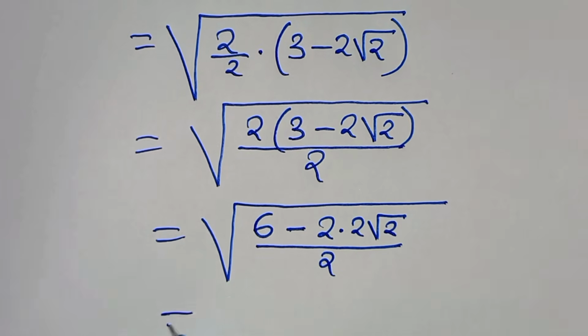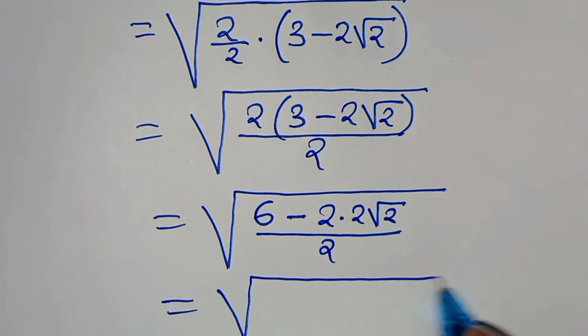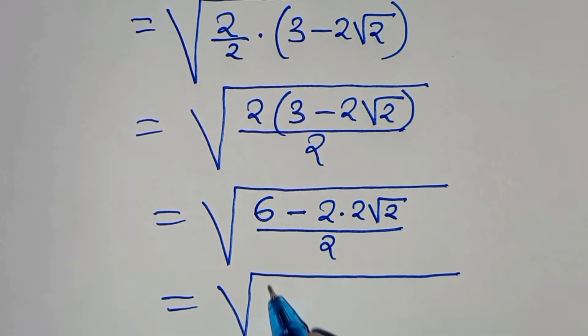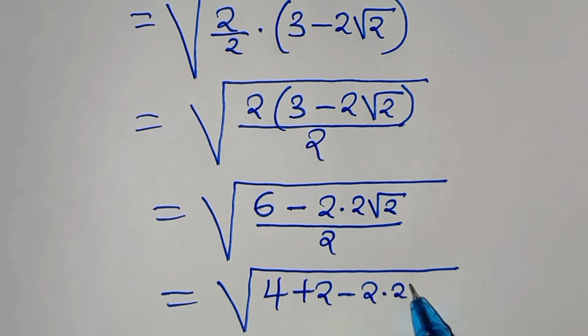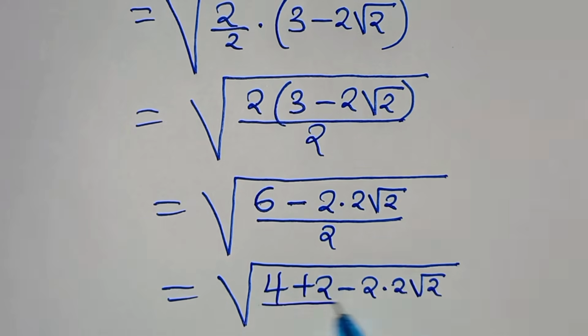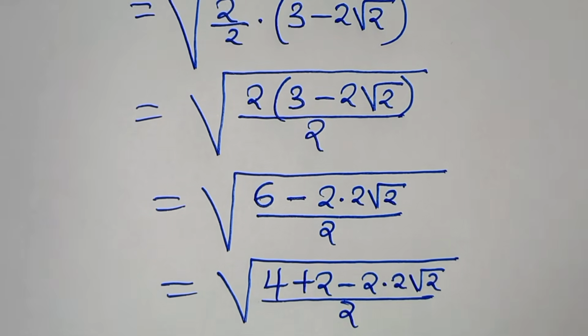Now we can express 6 as the same thing as 4 plus 2, then subtract 2 times 2 square root of 2, then divided by 2.